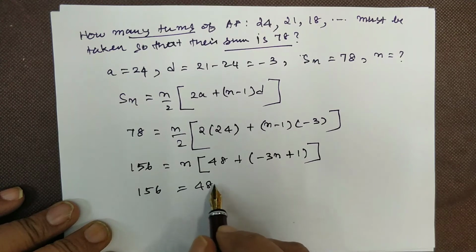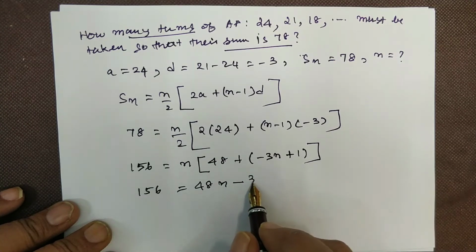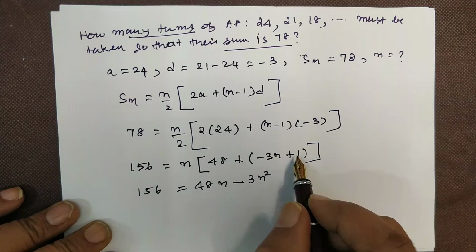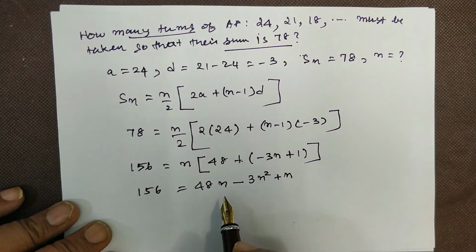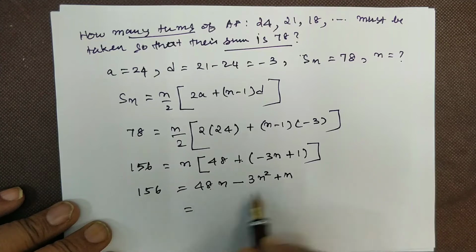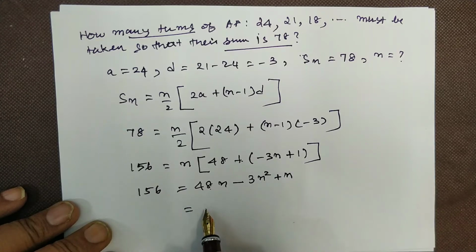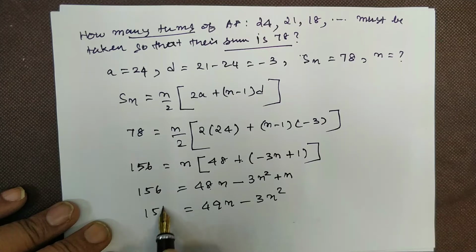So 48n, and this is minus 3n squared, and minus plus into plus plus, so 1n, that is n. Are you able to follow? So 48 plus 1n, how much? 49. So 49n minus 3n squared is equal to 156.